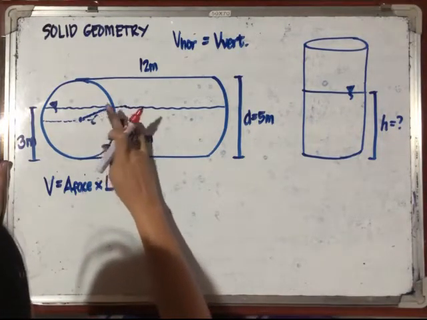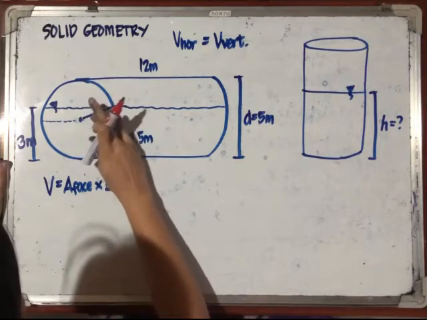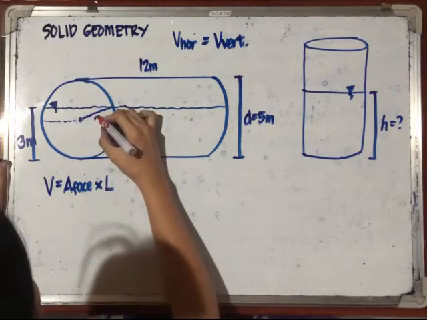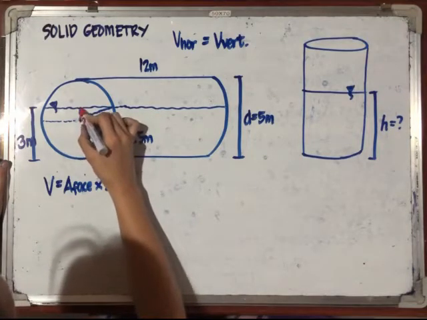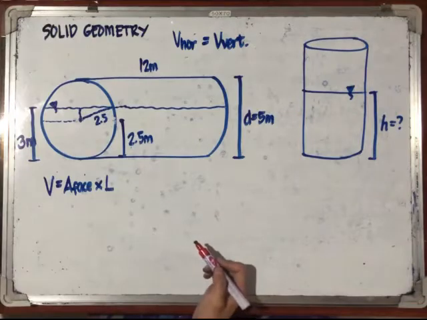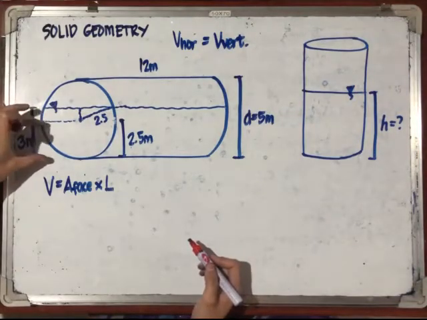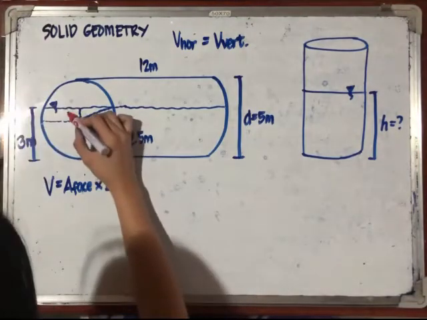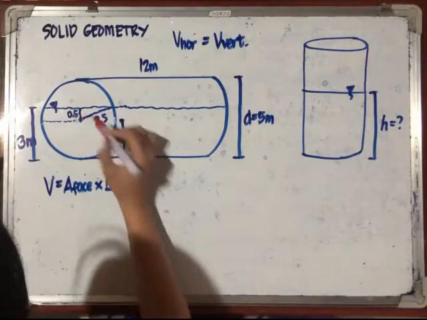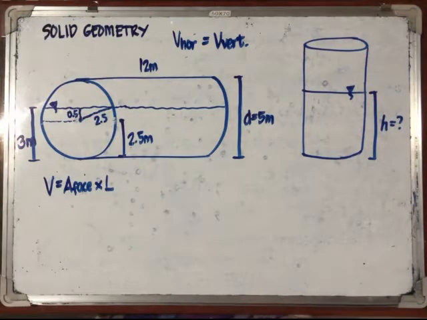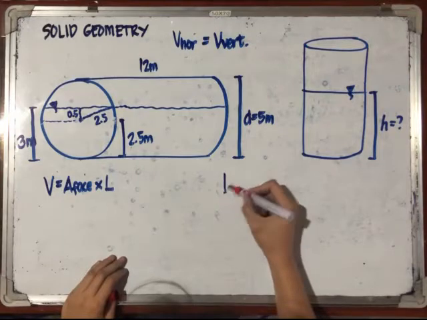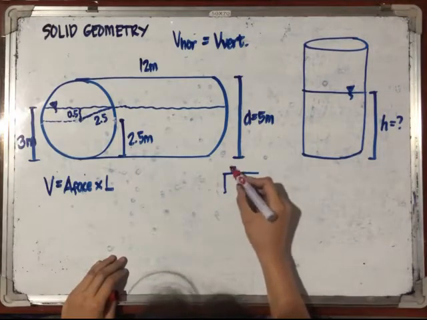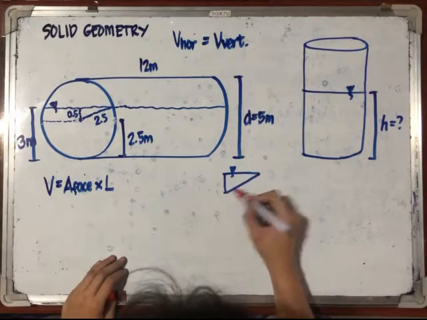Let me erase the line here so we won't get confused. This would be 2.5. And how much would this be? That would be 0.5. 3 meters minus 2.5 would give us 0.5 here. Okay. Now, you will have a triangular shape area at this portion. Let me draw it. This is your 0.5, this is your waterline section, and this is 2.5.